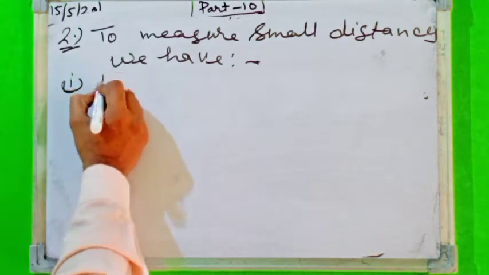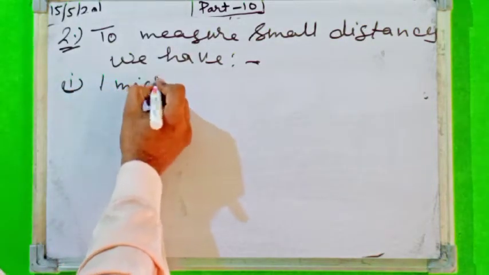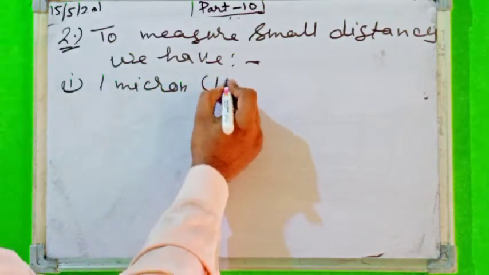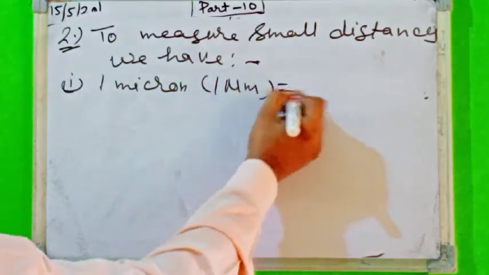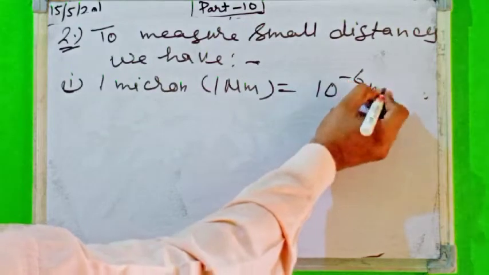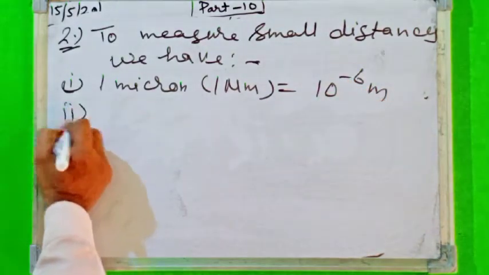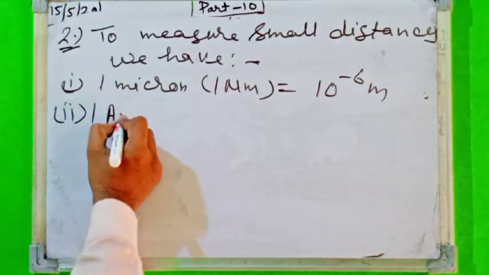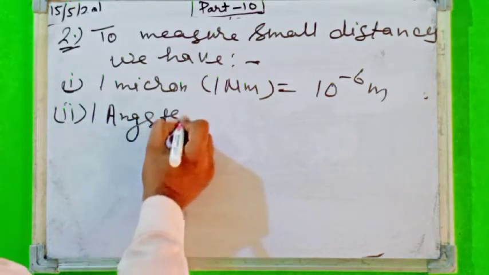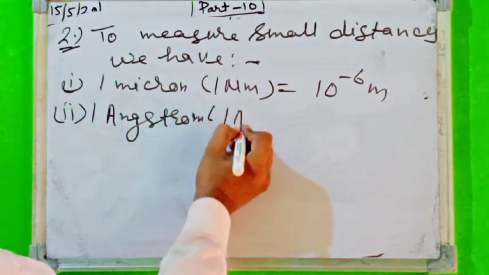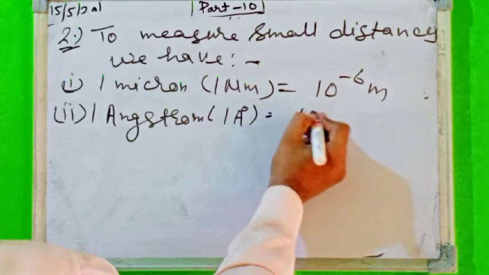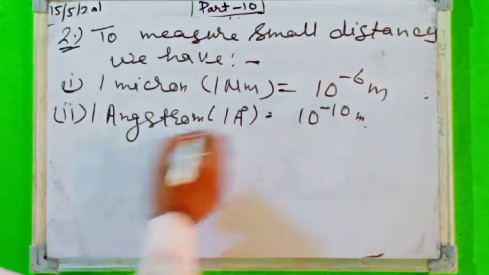First one is 1 micron or 1 micrometer. It is equal to 10 to the power minus 6 meter. Second, 1 angstrom, it is equal to 10 to the power minus 10 meter.